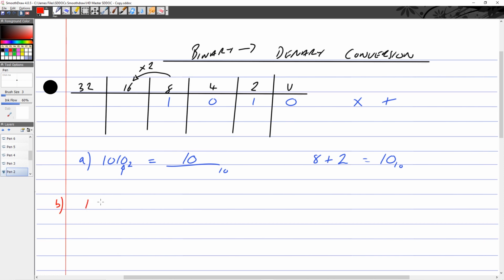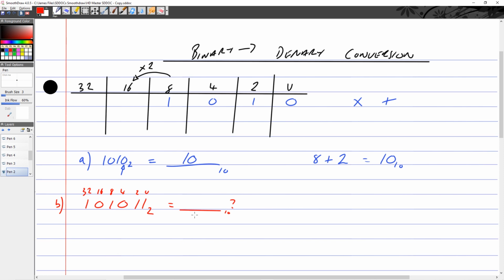So I'm going to take 1, 0, 1, 0, 1, 1, base 2. And what's that worth in base 10? Well, again, you could put it into a table, or you could just write what each column is worth above it. Units, 2s, 4s, 8s, 16s, and 32s.